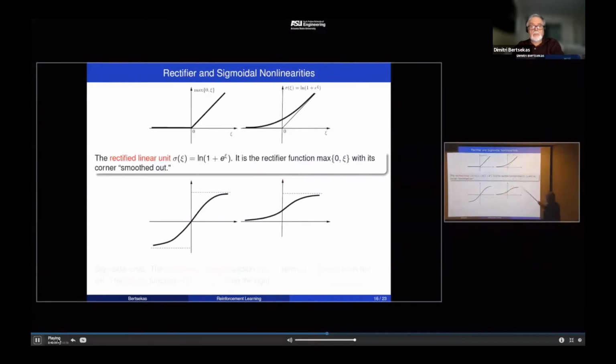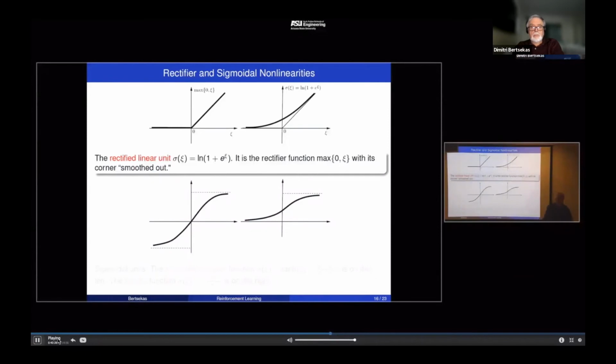This rectifier is this function here, and smoothed out. Another name for this function would be a smoothed rectifier, with its corner smoothed in some way, and a popular way to smooth it is using this exponential. If you plot this, you'll see that it's what it shows here. Asymptotically, it approaches the rectifier on both sides, but its corner is smoothed.